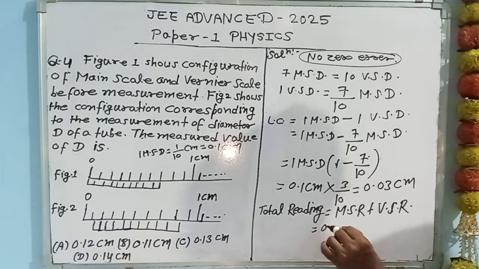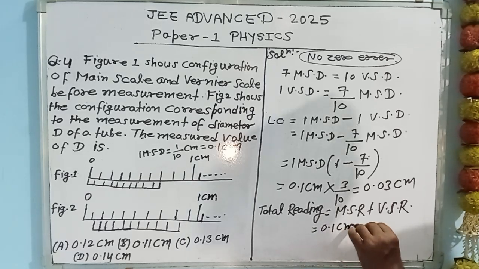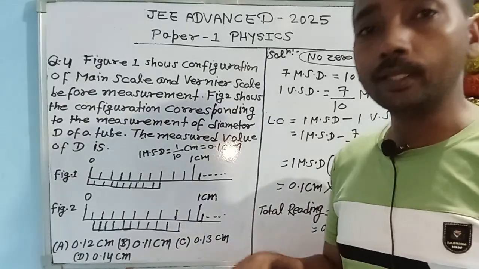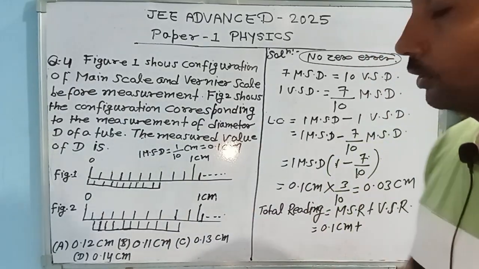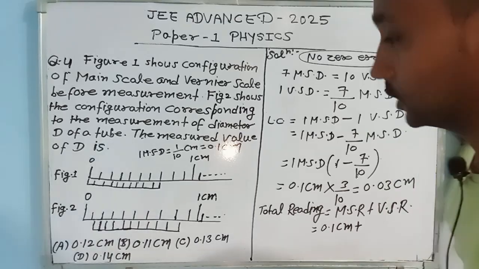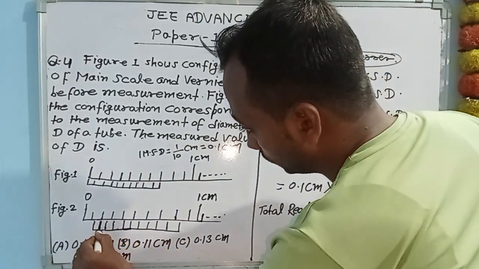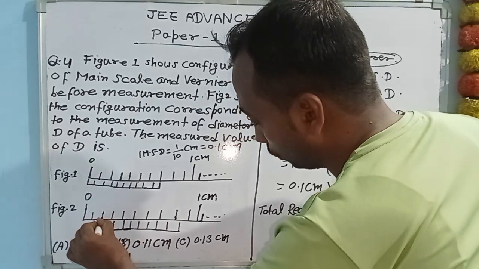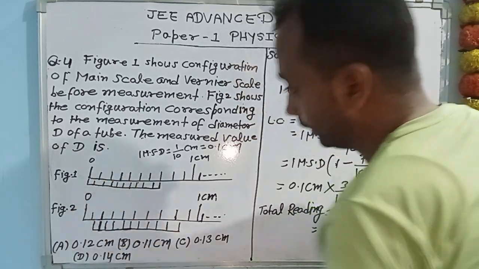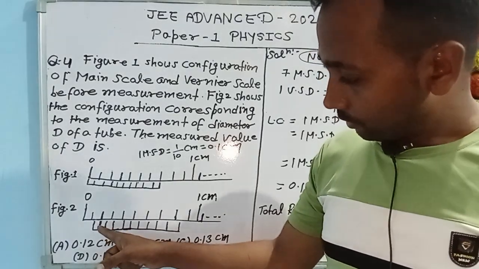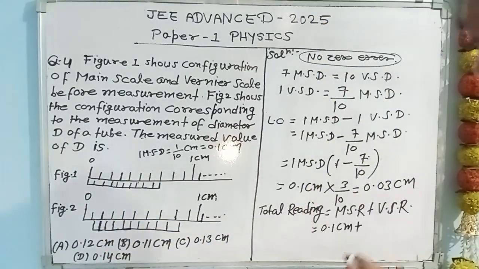Then the main scale reading is 0.1 centimeter, and the vernier scale reading is the least count times the coinciding division of the vernier scale with the main scale. From the figure, this division coincides with the main scale. This is the first division.